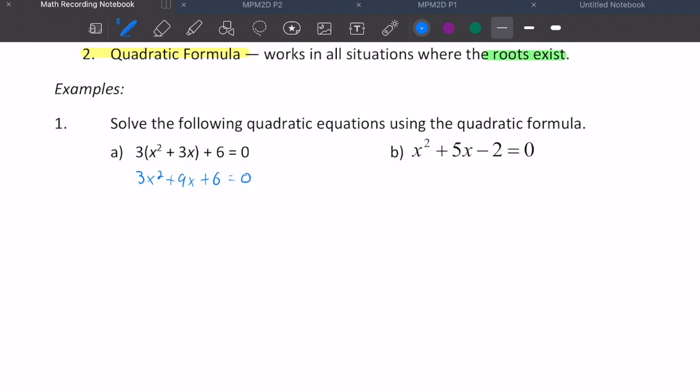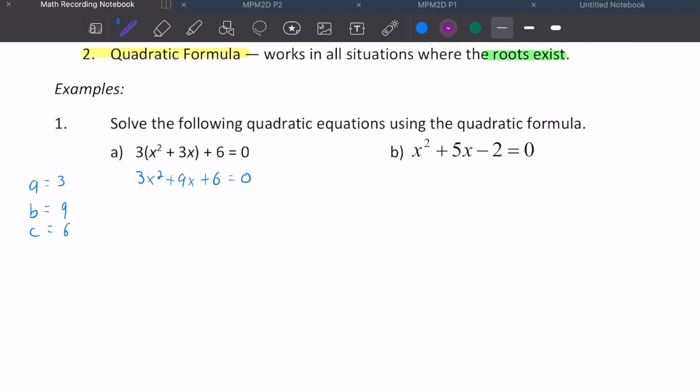We should always start by identifying what our a, our b, and our c are. In this case, a is 3, b is 9, and c is 6.